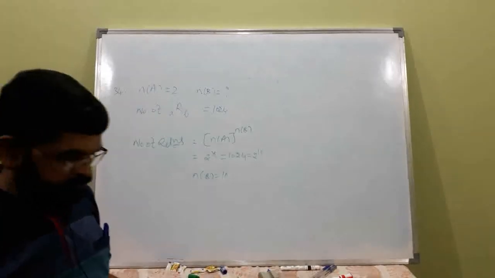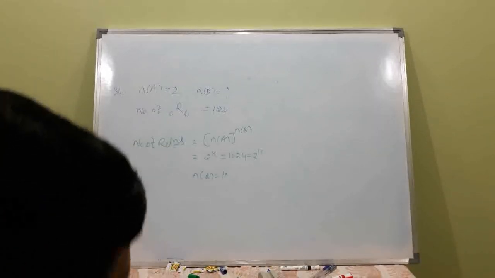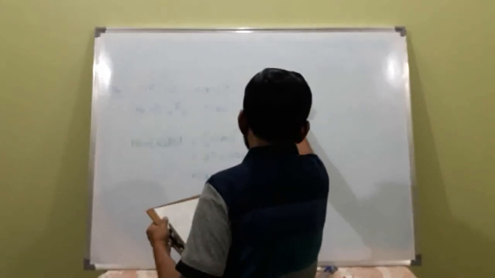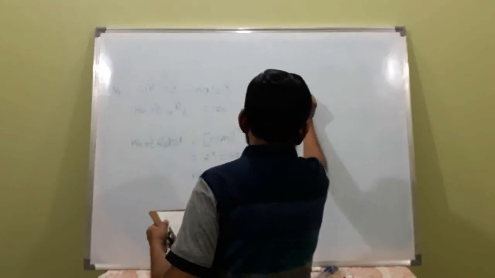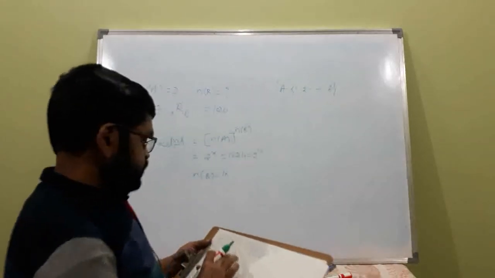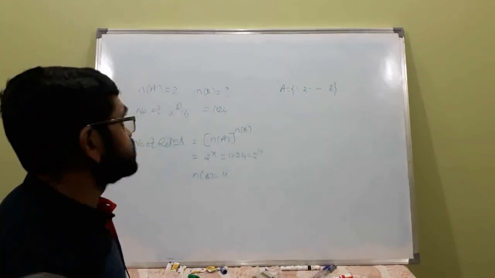Another example, the 37th. If A is {1, 2, and so on up to 6}, then the number of subsets of A which contain at least 2 elements.